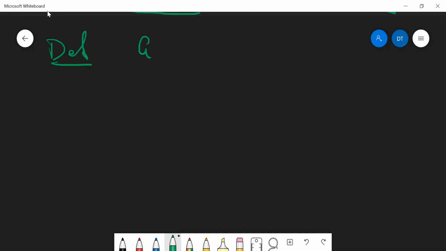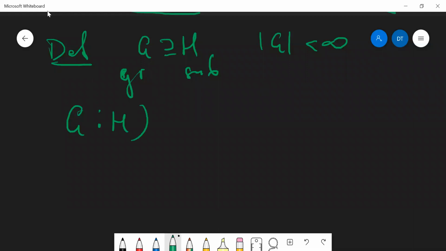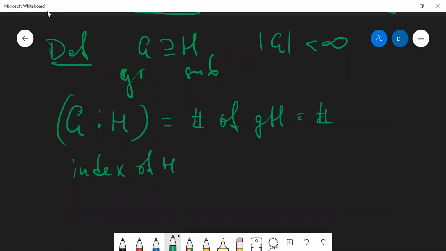If G is a group and H is a subgroup, and we assume that G is finite, then the index of H is the number of left cosets, or equivalently the number of right cosets.